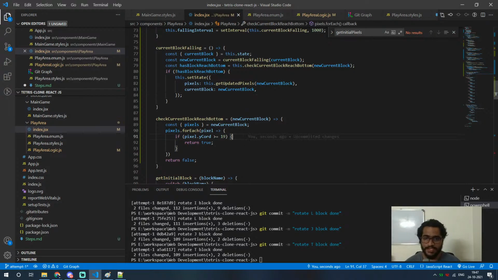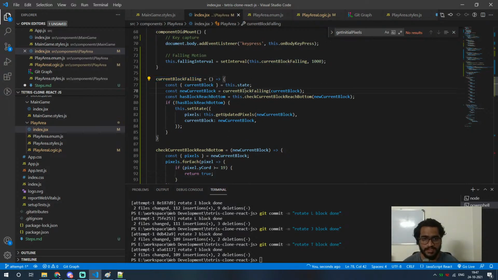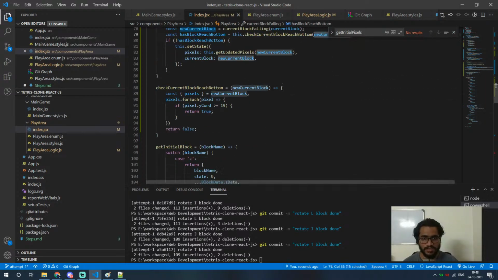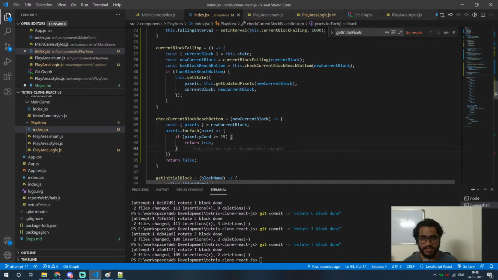So now what it did is, this function would get the new current block, it would check whether any of its pixels has exceeded the limit, and if yes, then it has reached, so it would not update the state.